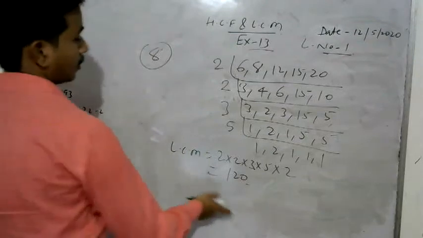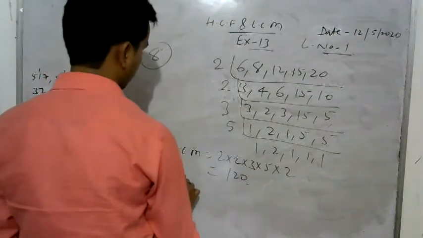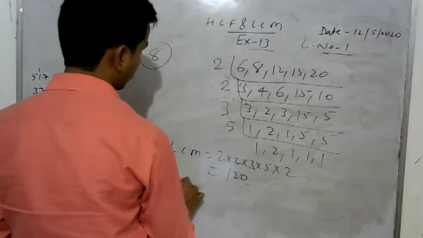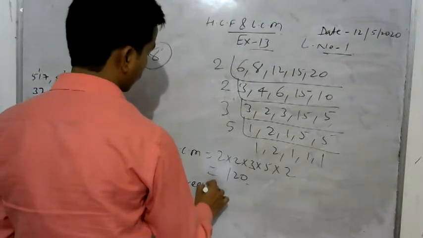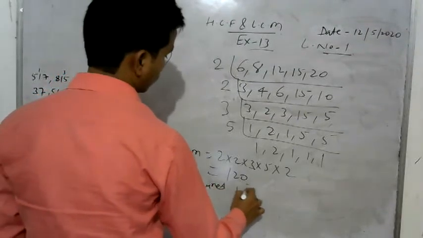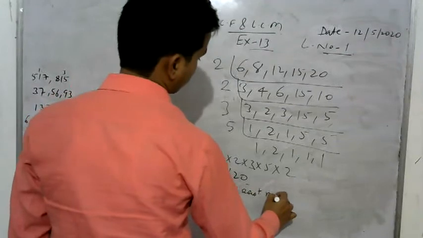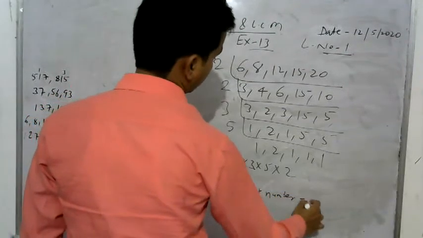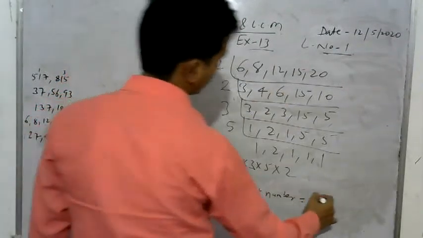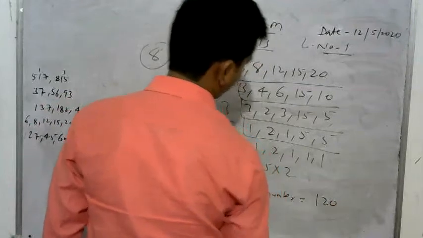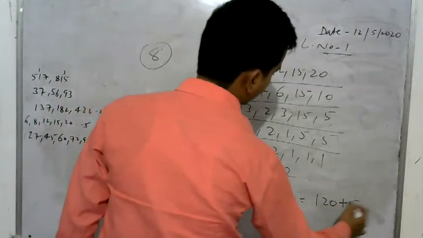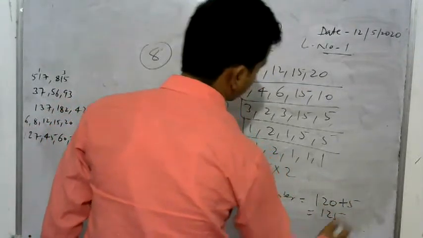And now you have to add 5 to it. So the required least number, when divided by all these leaving 5 as the remainder, will be 120 plus 5, which is 125.